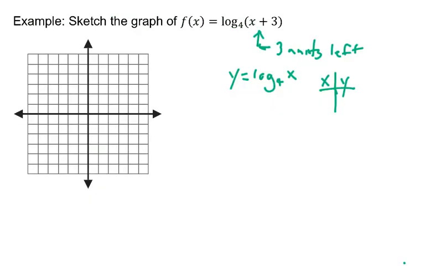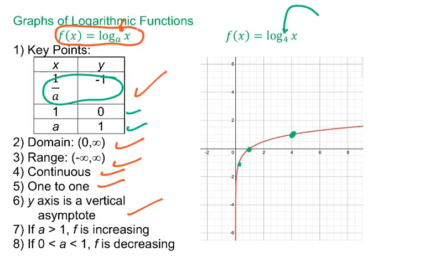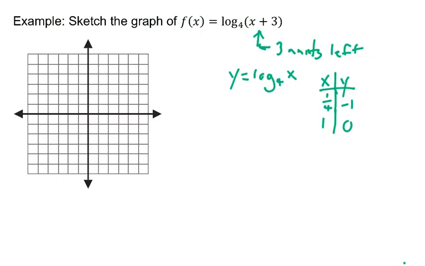In this case, our a is 4, so this will include the point 1/4, negative 1. Looking again just at the basic logarithmic function of base 4, all simple logarithmic functions of that form go through the point 1, 0, and then the last point that we specifically mentioned is the point a, 1. A is your base, so that would be the point 4, 1.